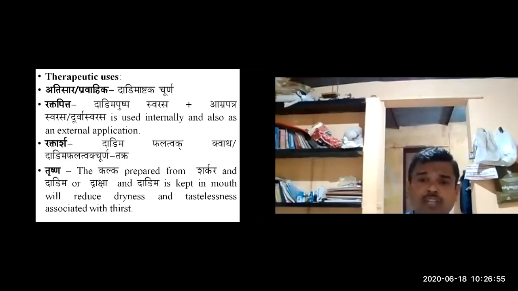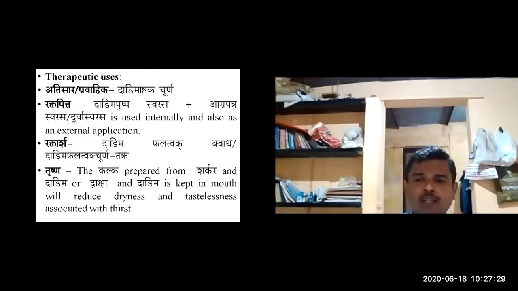In case of Rakta Pitta, Dadima Pushpa Swarasa plus Amra Patra Swarasa or Durva Swarasa. Sorry, Dadima Pushpa Swarasa plus Amra Patra Swarasa, or Dadima Pushpa Swarasa plus Durva Swarasa, any one combination. While explaining Durva, I mentioned it has an anticoagulant property.